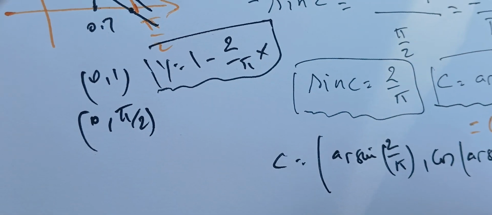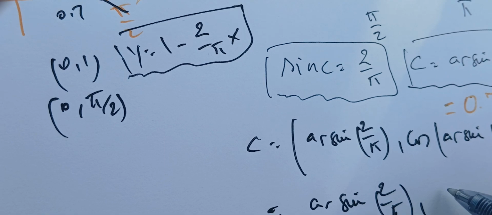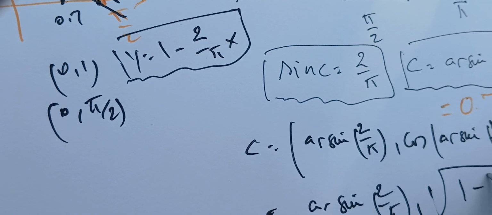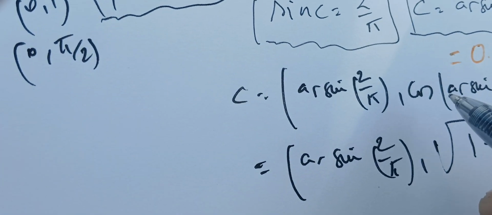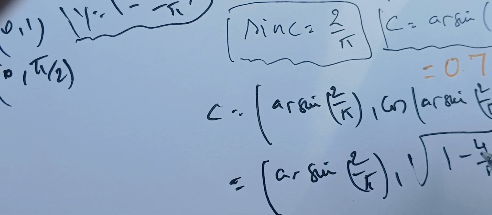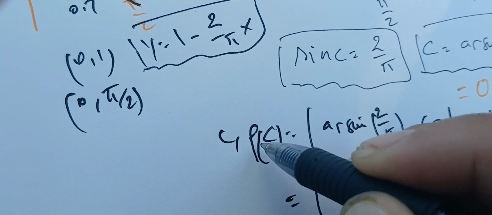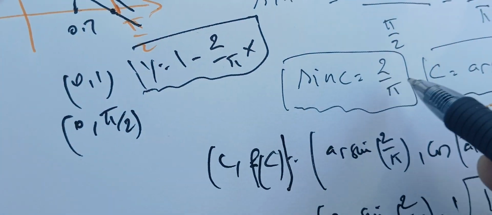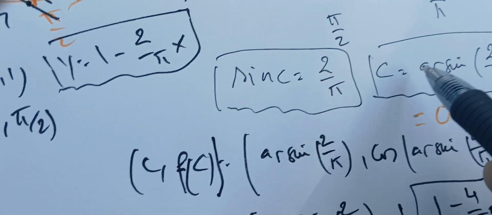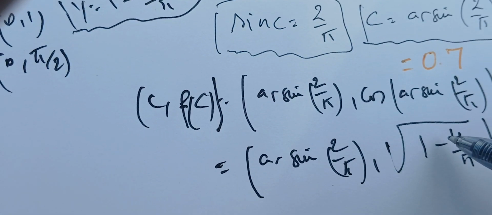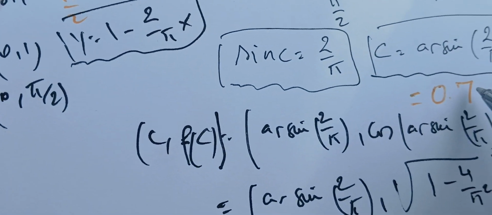It's just the square root of 1 minus 4 over pi squared. So this is the point (c, f of c), not just c, because c is given by this value here. I found my c, the arcsine of 2 over pi, about 0.7.